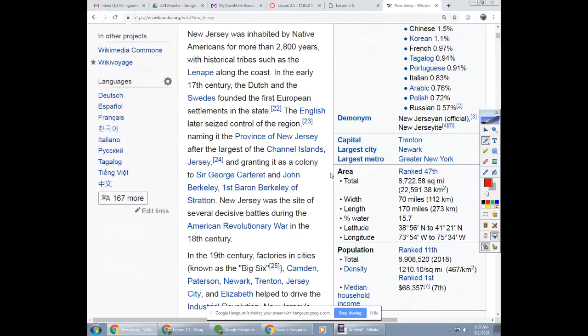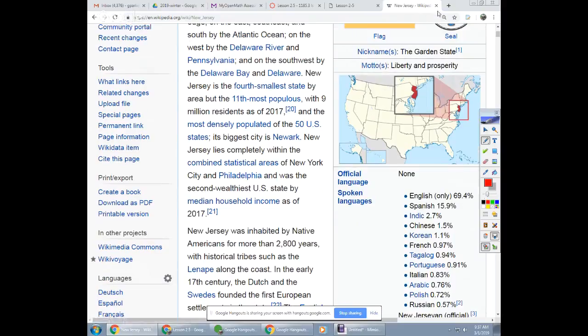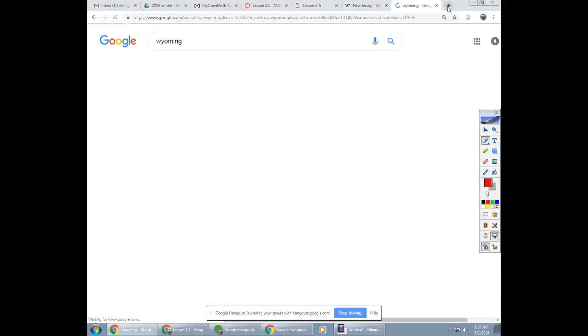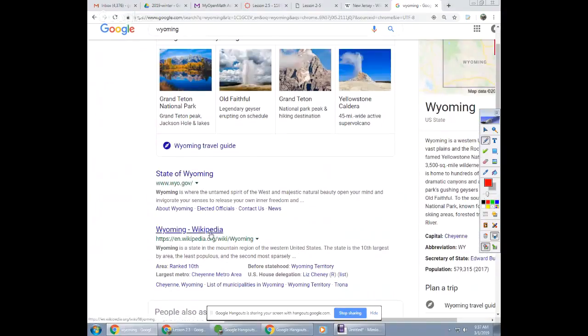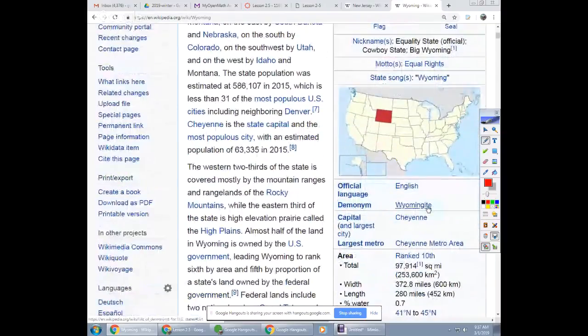Anyway, okay, what else were we unsure about? Let's go to the lower end. Wyoming. We weren't sure about Wyoming. So let's look up Wyoming. I'm going to bring up a new tab. And the Wikipedia page, there you are. Wikipedia says almost 100,000 square miles. That's a pretty decent area.